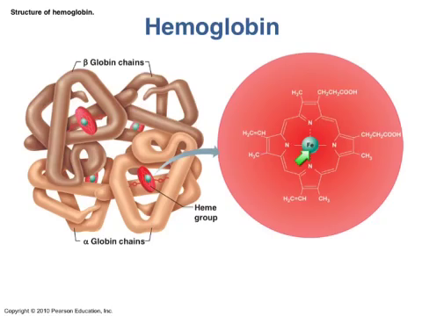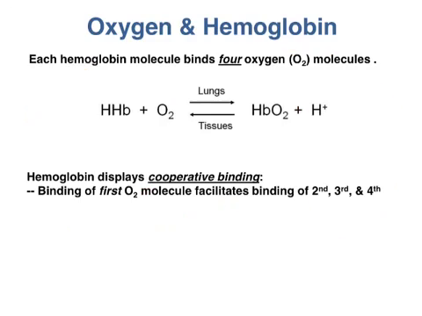But the carbon dioxide doesn't bind to the heme group. Carbon dioxide actually binds to the amino acids of the globin chains. So it doesn't compete with oxygen. They're carried in different locations. So because of this arrangement of hemoglobin, where you have 4 heme groups, each capable of binding an oxygen molecule, each hemoglobin molecule binds 4 oxygen molecules.